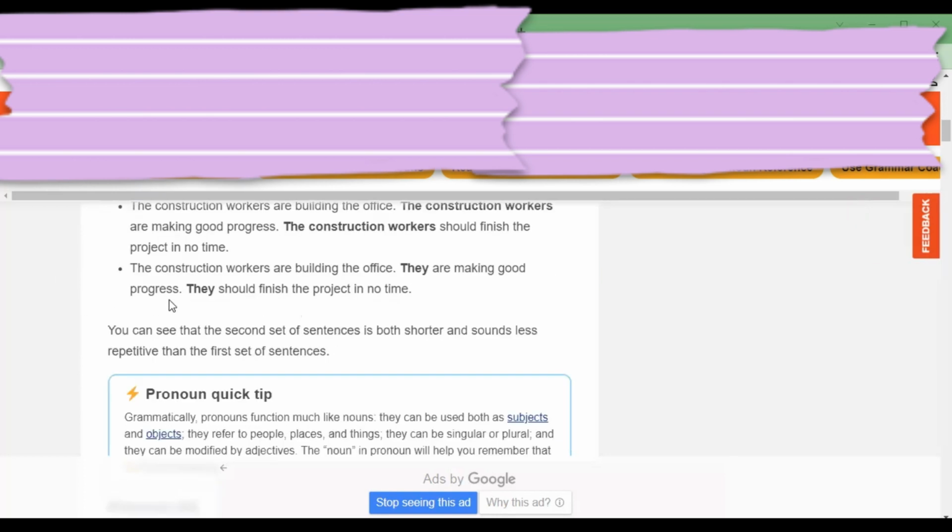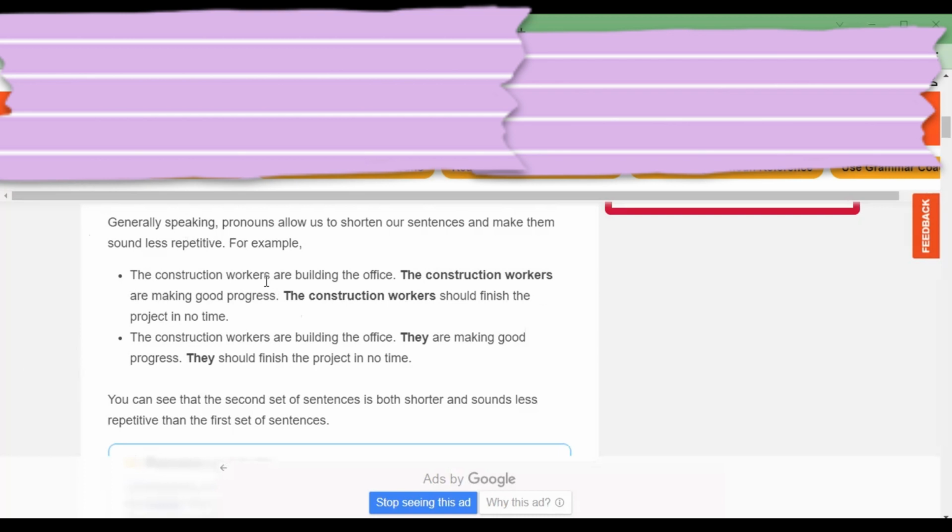For example: The construction workers are building the office. The construction workers are making good progress. The construction workers should finish the project in no time. In the second set of sentences, the construction workers are building the office.